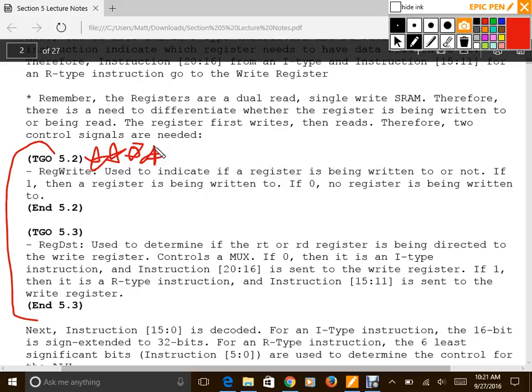So each of these rows of registers, which are dual-read single-write SRAM, you get a write register value, which goes to the right, and also we have a value coming in saying I specifically want this one. So let's say we had this one, right? What's going to happen is it comes in, we get our 5 to 32, and we get 32 values coming out.